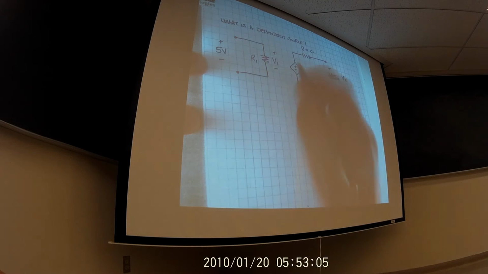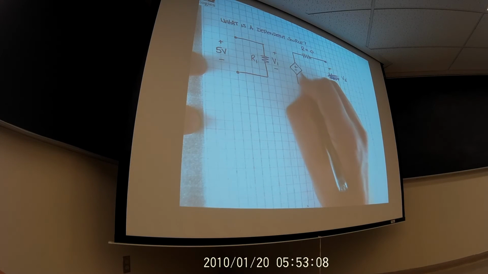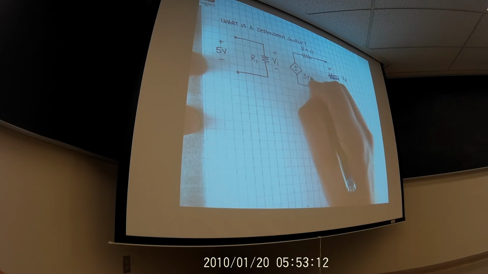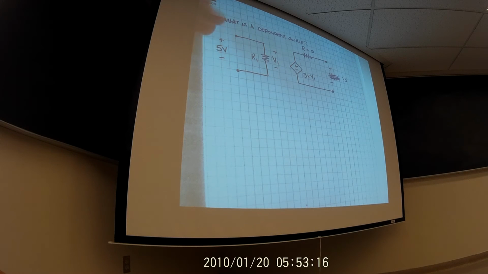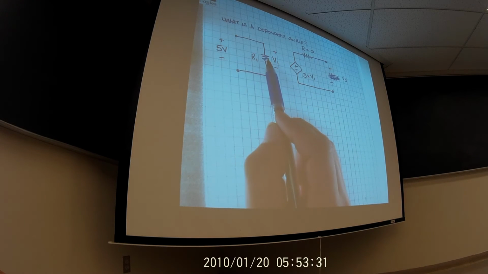So normally what you're going to see is that a dependent source will simply be defined by some expression that looks like this. Okay, 3 times V1, or some constant times another voltage in the system, potentially another current in the system. And so when you solve these types of circuits, every time you need to know this value over here, you have to refer back to V1.